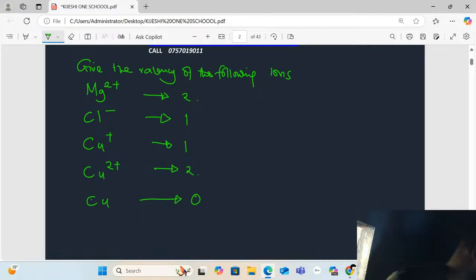Therefore, now we can proceed to chemical formulae. Then from the chemical formulae, we'll reverse back to extracting valencies.